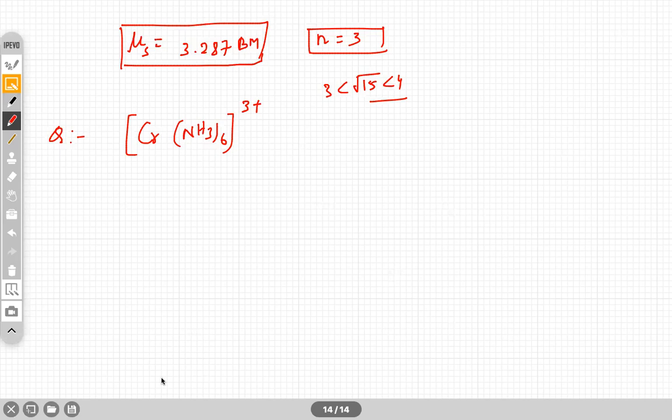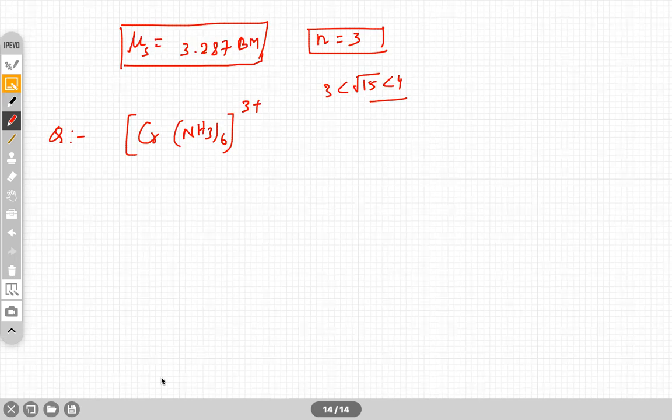How are you getting d3? The pairing will happen, sir. No, the pairing won't happen. So will pairing happen? No, sir, even though it's a strong field ligand. These are the two things we have discussed.